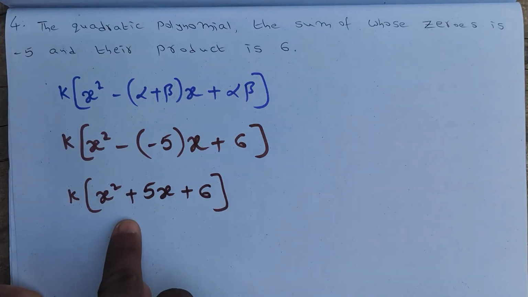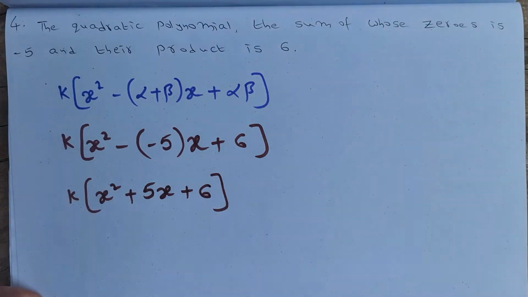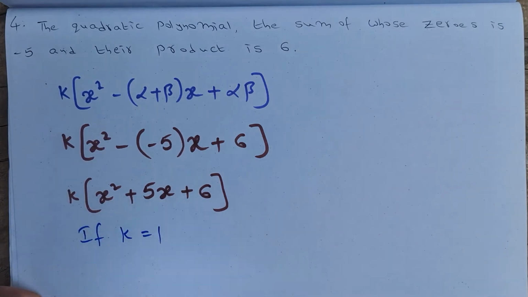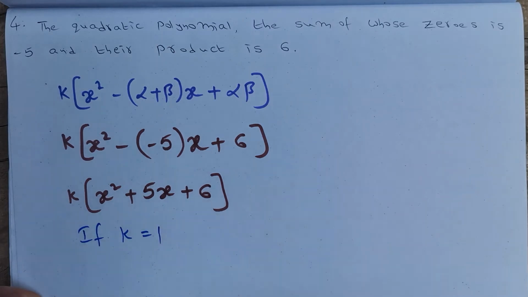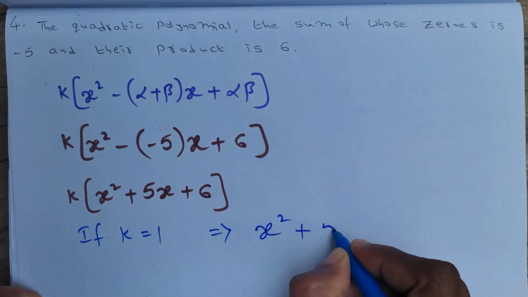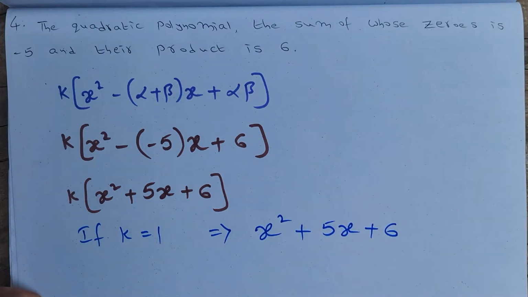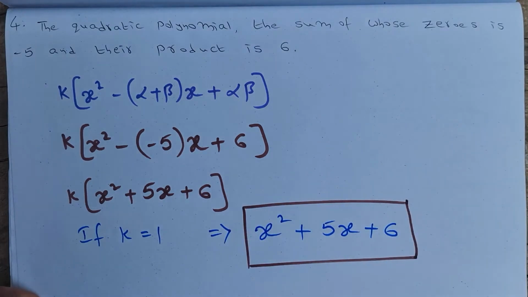Here we don't have any denominator, so simply take the k value as 1. If k is equal to 1 into anything, the same number, so we will get the polynomial as x square plus 5x plus 6. So the required polynomial is x square plus 5x plus 6.